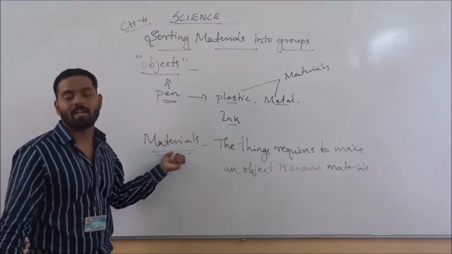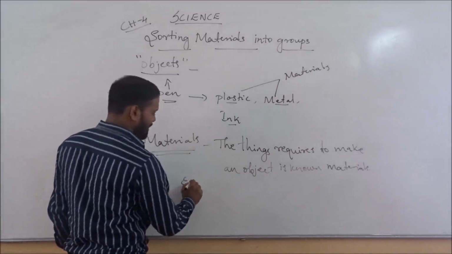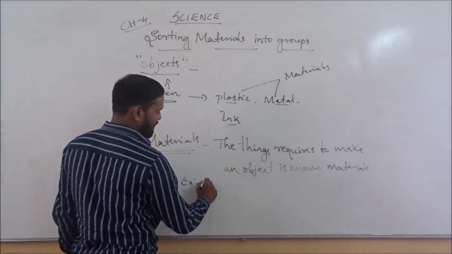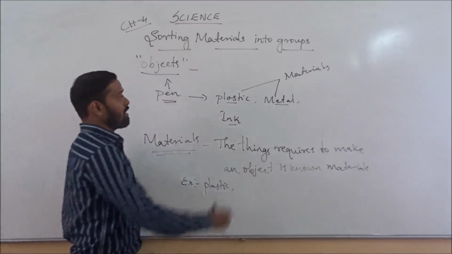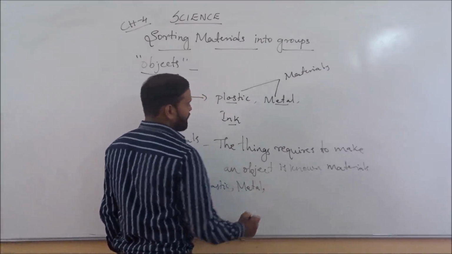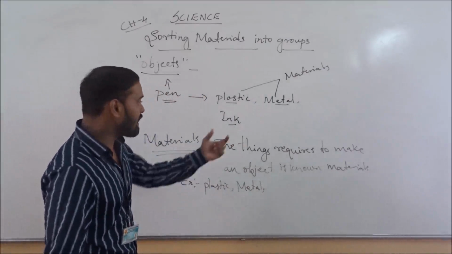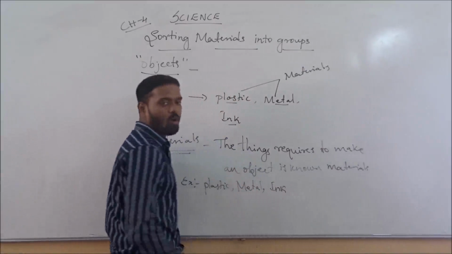That is what we call material. Examples: plastic is a material, metal is a material, and ink is also a material because ink is used to make an object.